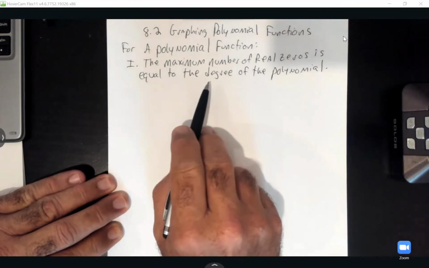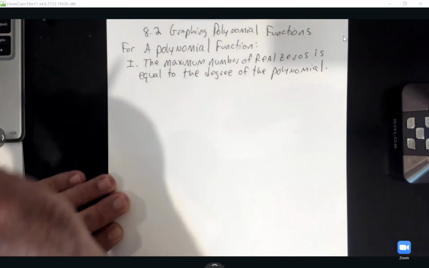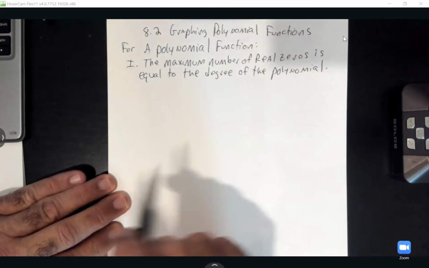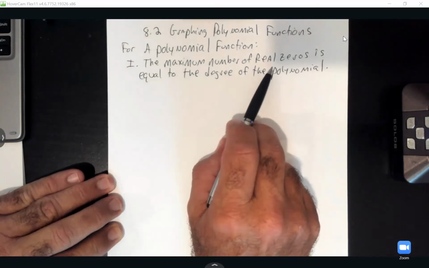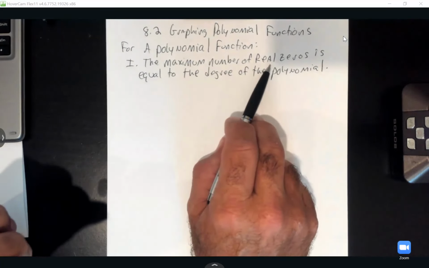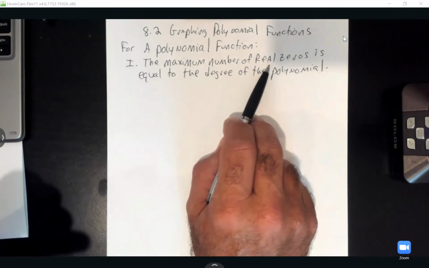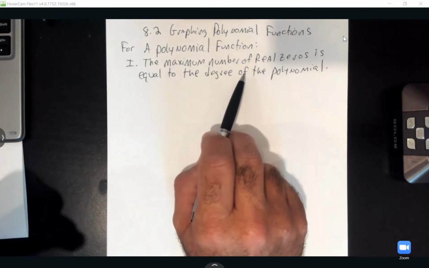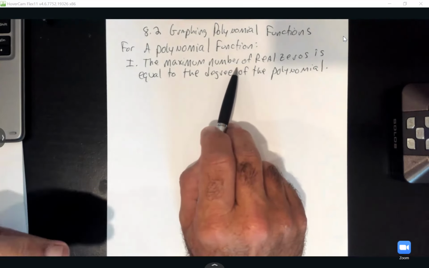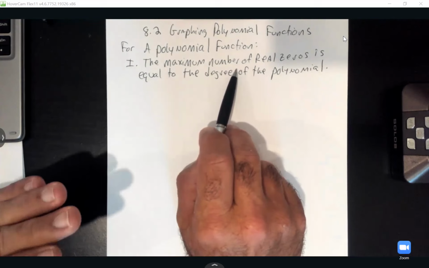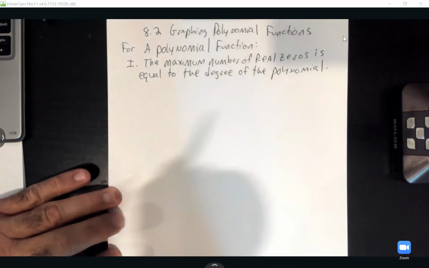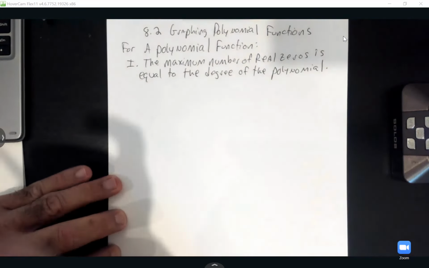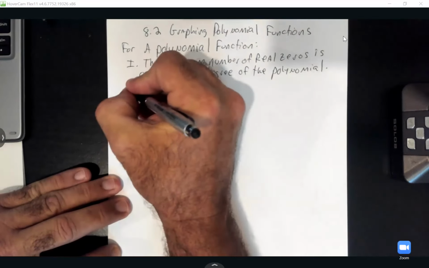And just remember, the degree of that polynomial is the highest exponent, okay? So that tells me what the maximum number of real zeros is. Now it can have fewer zeros than that, but that's the maximum it can have. So if you've got an x to the 4, that means the maximum number of real zeros it'll have would be 4, okay?